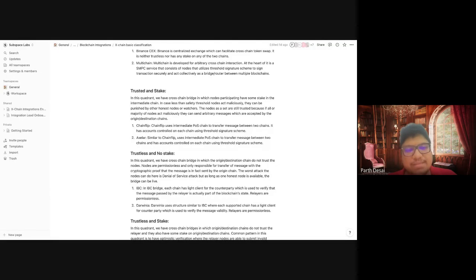In both cases, they are similar in a sense that the relay in itself is permissionless, but both chains hold a light client. When something happens on a source chain, the relayer's responsibility is to have a cryptographic proof that can be submitted to the destination chain.